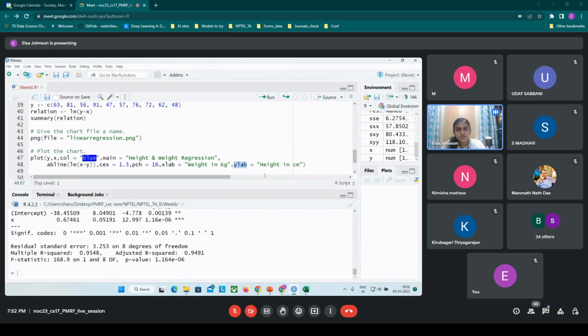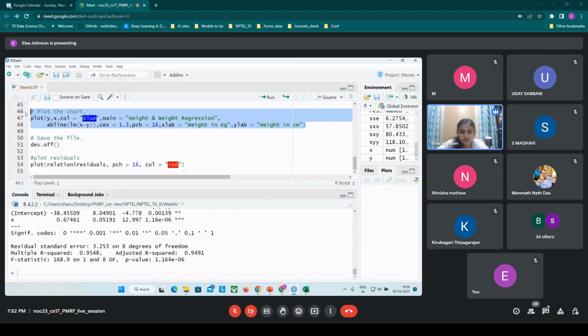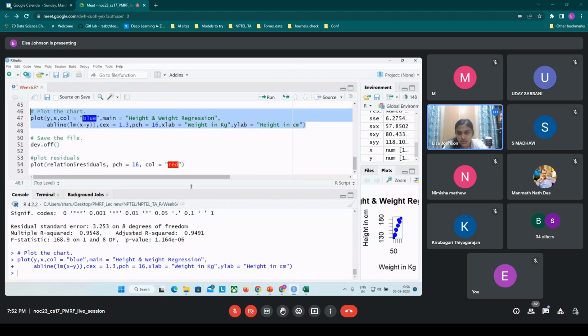So I'll be plotting this one, with color equal to blue. Then this is the title of that graph. Then certain margins also I'll be giving. So if I plot this chart, it will come.